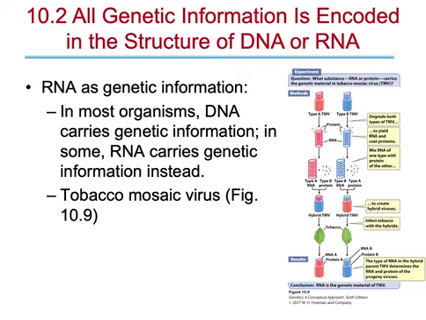So basically what they did was they transformed plant cells with just the genetic material, and lo and behold, that genetic material was sufficient to start up viral production in healthy cells from healthy plant tissue.